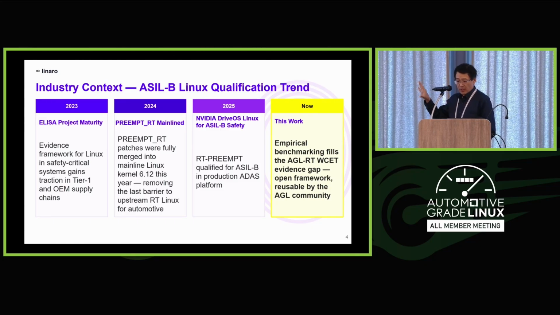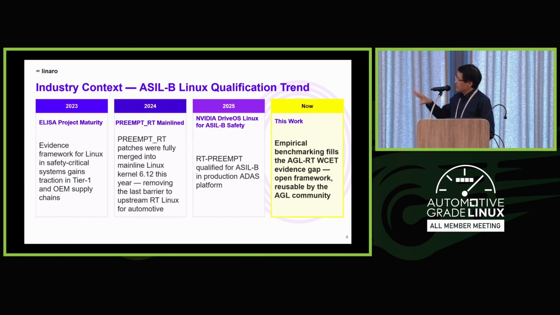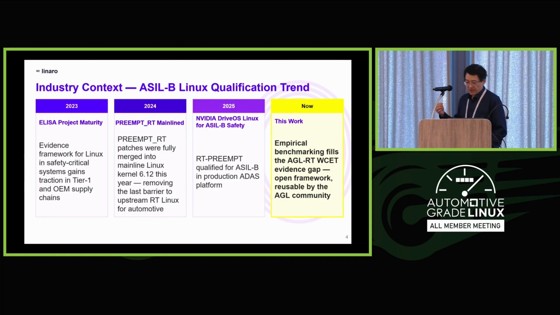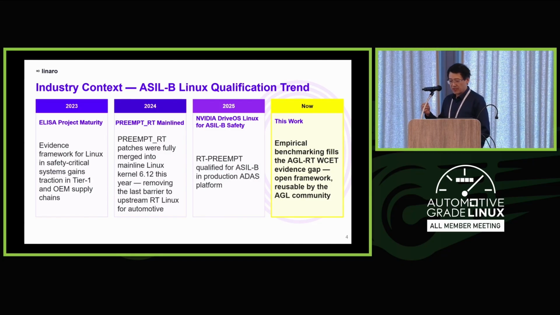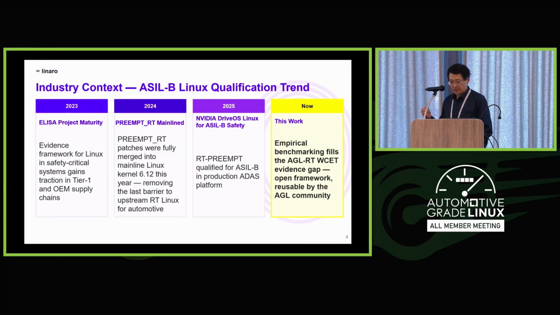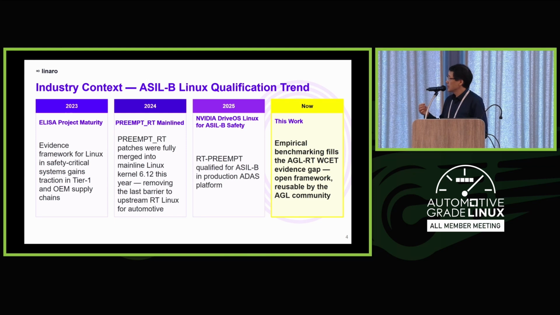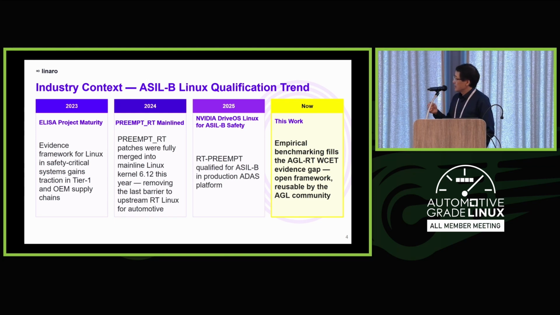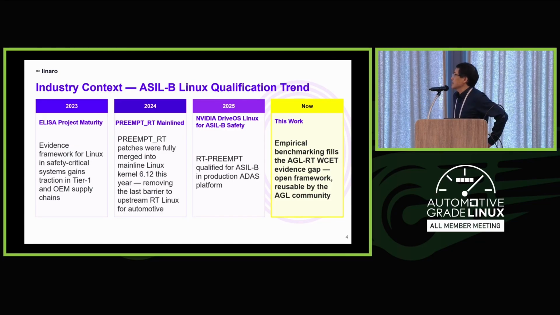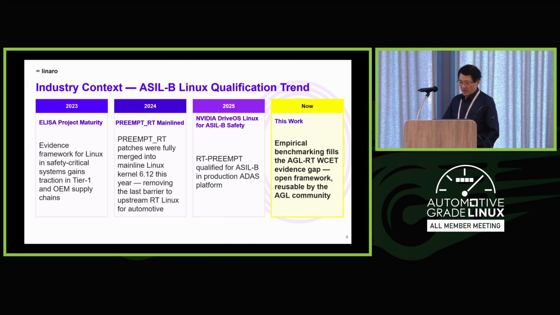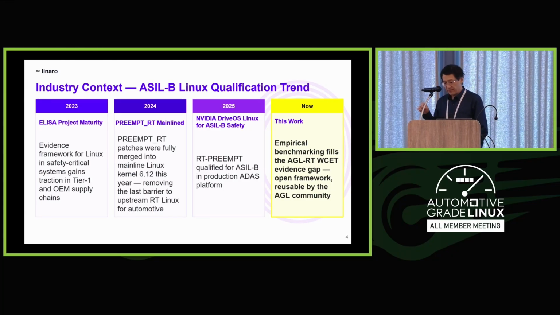We use this unified benchmark to provide empirical benchmark data, essentially filling the AGL-RT worst case execution time evidence gap. A: provide measurements of worst case execution time across multiple OS primitives.